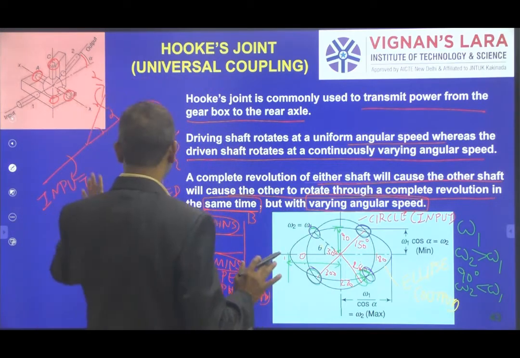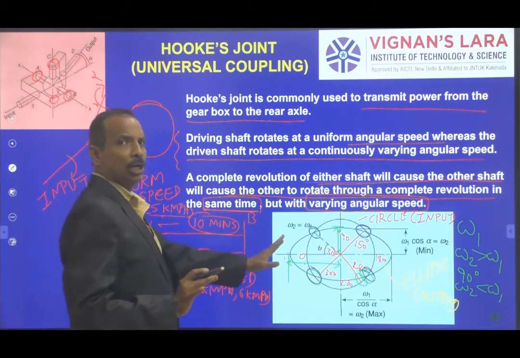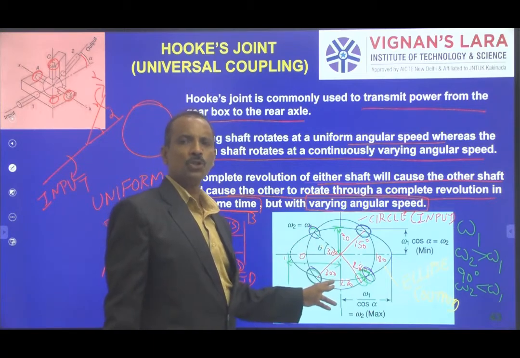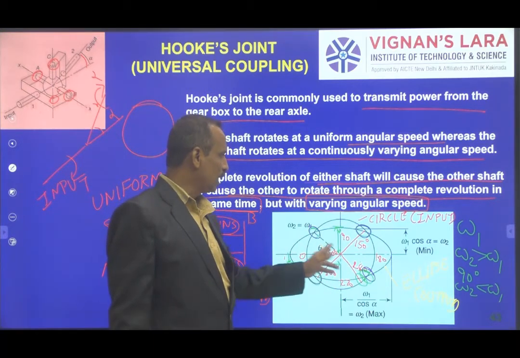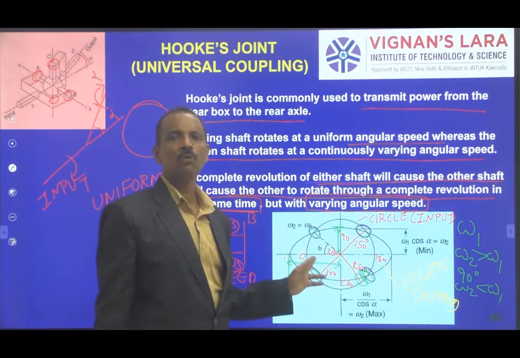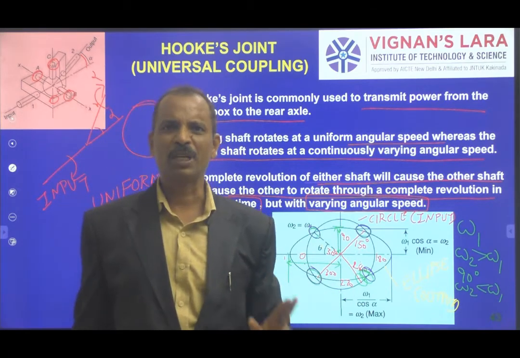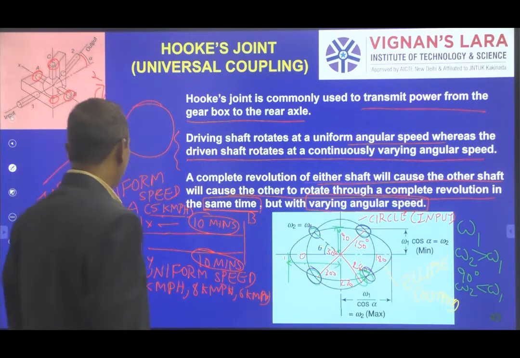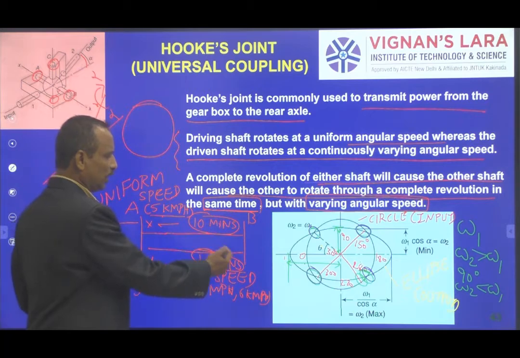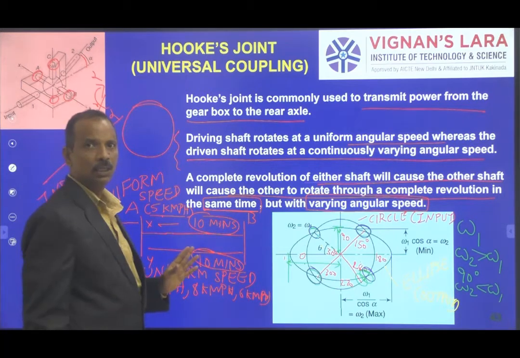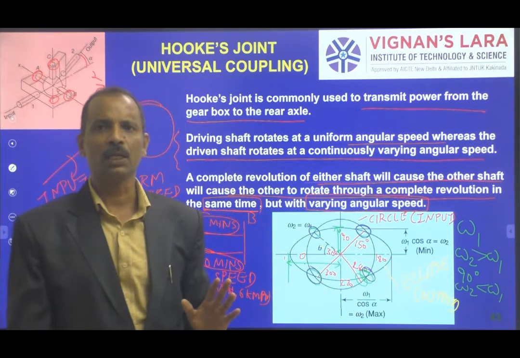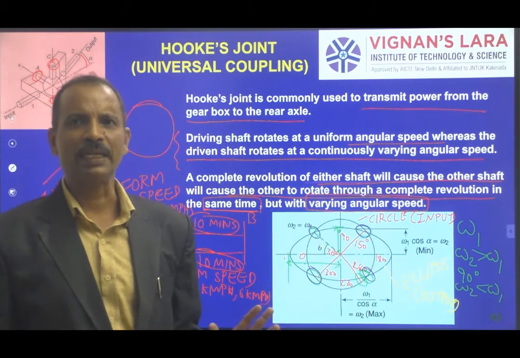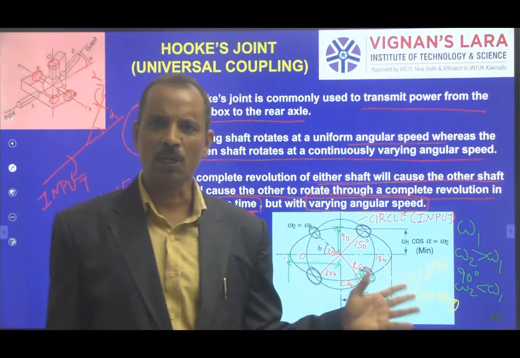So by using a single hook joint, there is a variation of output shaft angular velocity within the cycle, which is not recommended in precise applications, isn't it? You may say, sir, what is wrong? Both are finishing in the same time, 10 minutes and 10 minutes. But there are certain cases where you have to maintain constant angular velocity over a cycle. In that case, this will not suit.